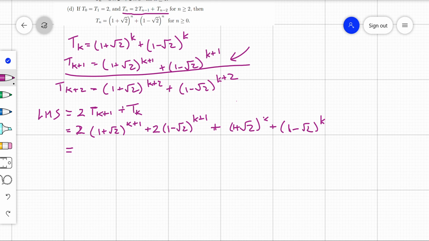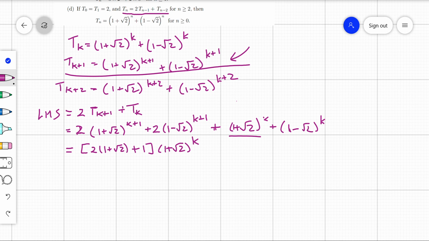If I have a look at this, I want to put the power of k separately. So I've got two lots of (1 plus root 2) to the k plus 1, plus one of those, (1 plus root 2) to the k's.